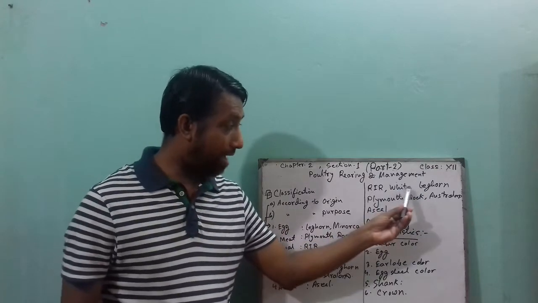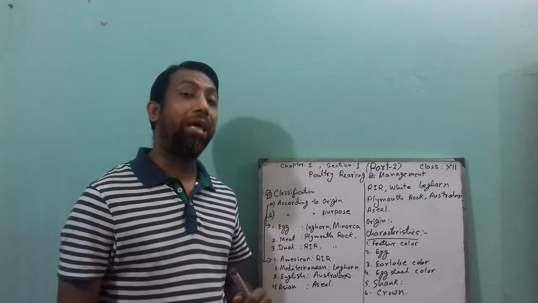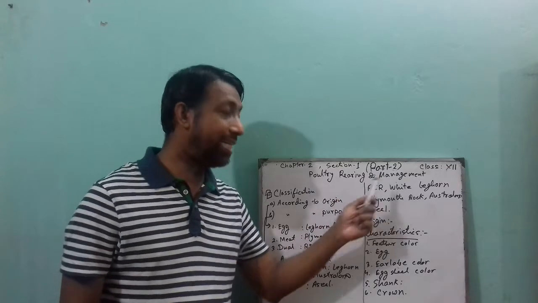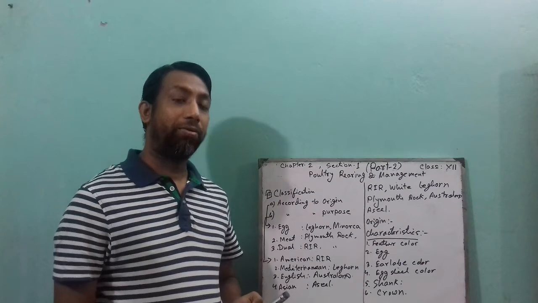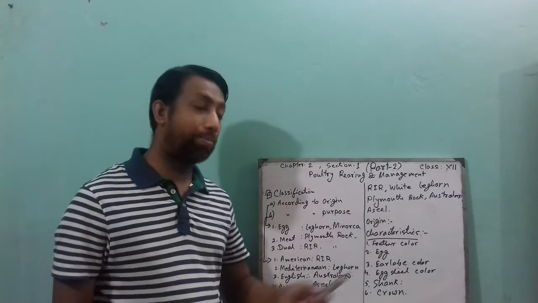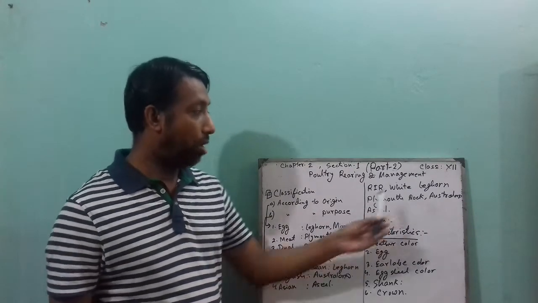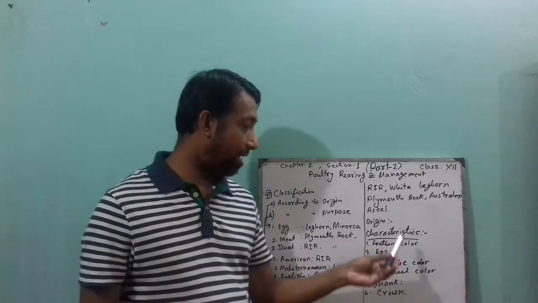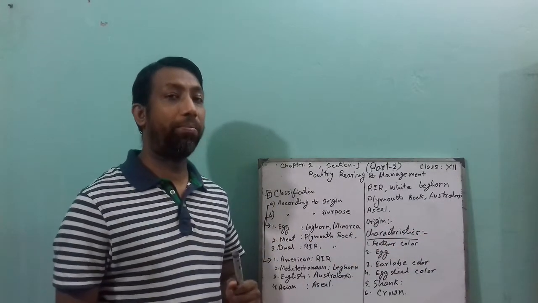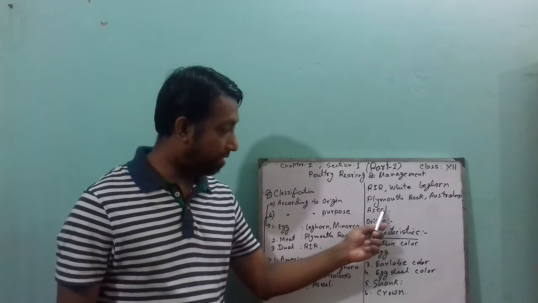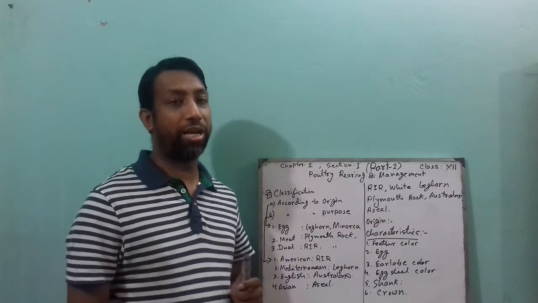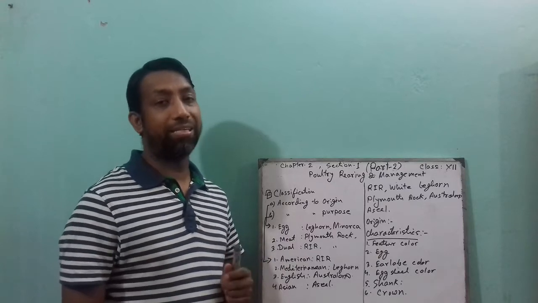Next, move on to White Leghorn. This Leghorn comes from a place named Leghorn in Italy. Plymouth Rock comes from Plymouth in America. Australorp is from Australia, and Asil is an Asian breed, that means it comes from India and the subcontinent of Asia.